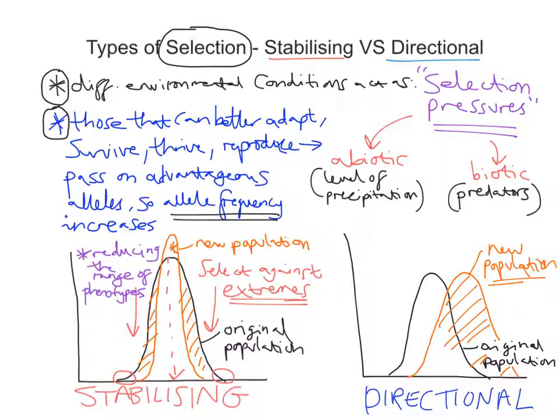So a really good example of this is if we think about the development of antibiotic resistance. If we take MRSA, for example, so methicillin resistant Staphylococcus aureus, type of bacteria that became resistant to methicillin antibiotic, a penicillin derivative. There's one key thing to say, it's not that these bacteria all of a sudden mutated to become resistant to this particular antibiotic.